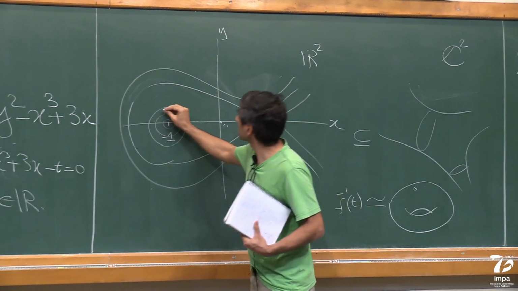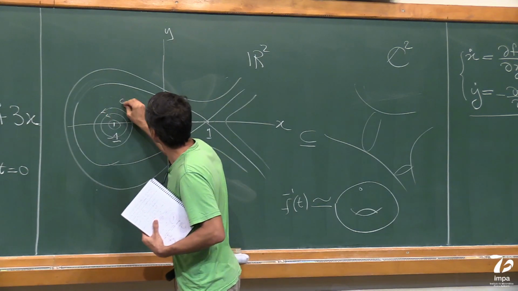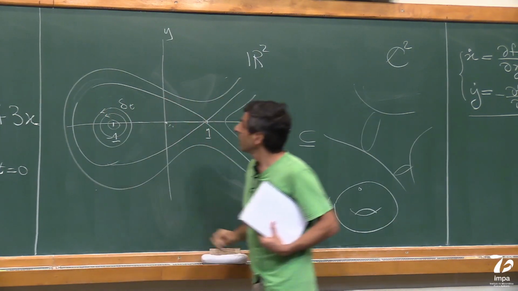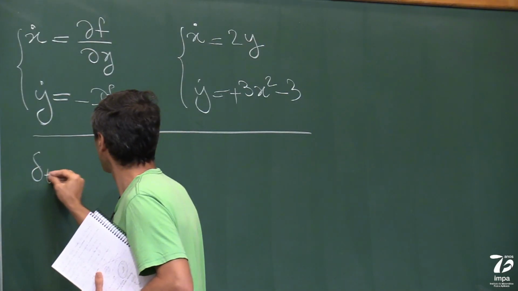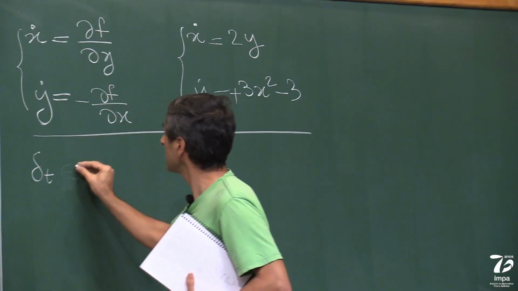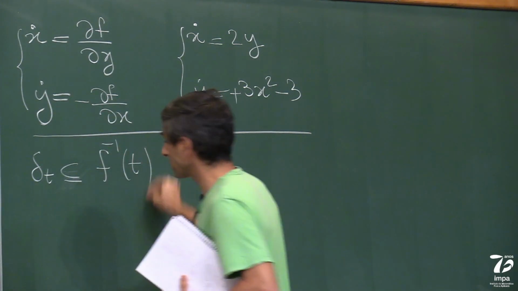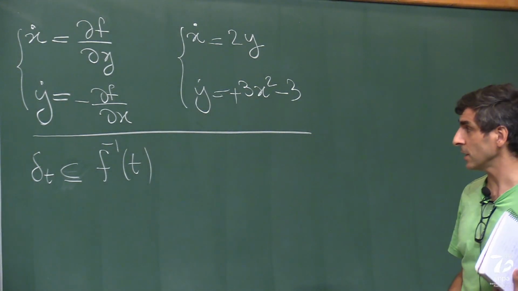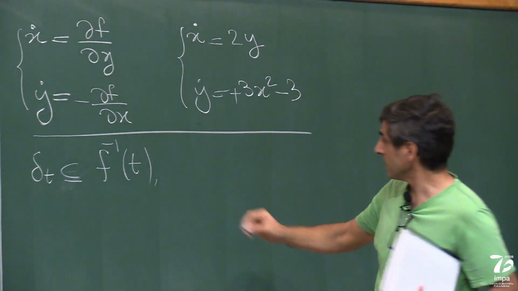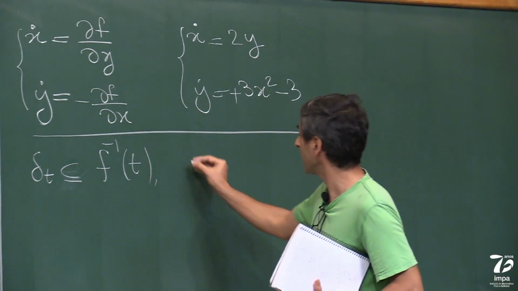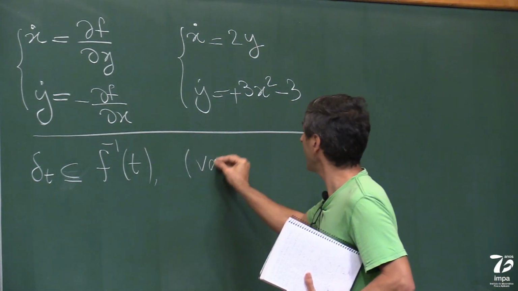families of cycles. In my example, for example, I can take this one. So delta t, the delta t's are inside f minus 1t. These are, let's say, oriented cycles. So in the picture that I have made, and in the talks of the morning, there were appearing these vanishing cycles.